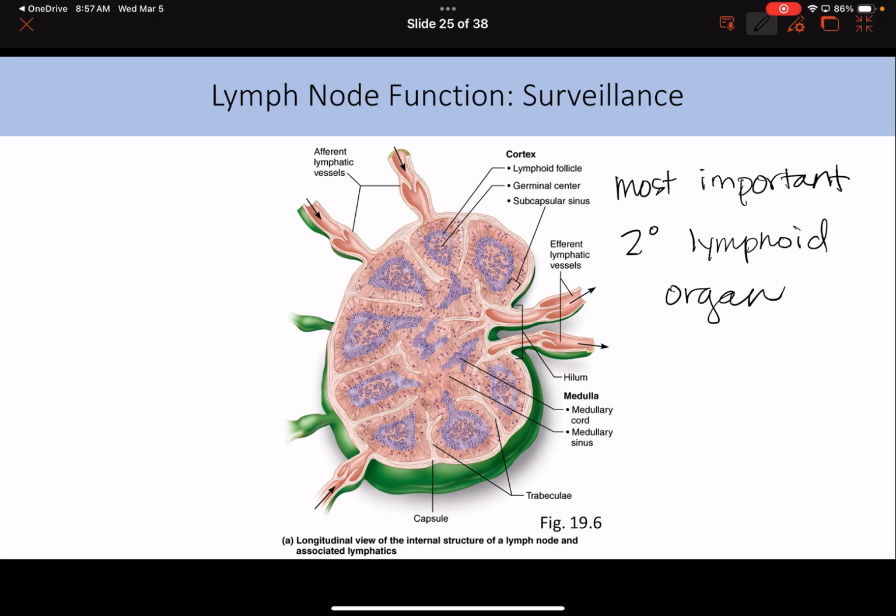Yes, it happens in MALT and the other structures, at the tonsils, the Peyer's patches, and the appendix, but most of it is going to happen here at the lymph nodes. It's the site where the most capturing and destroying of pathogens is going to occur.